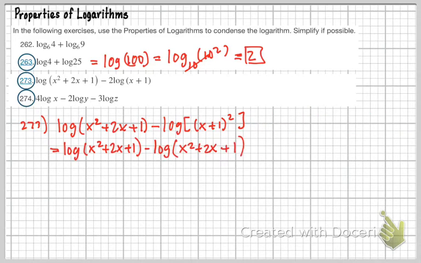And they turn out to be this, so you would think it would be 0. Right? Because I get the same thing minus the same thing. But let's say you didn't catch that. And with the minus of logs, I'm dealing with a quotient rule. So this is really the log of x squared plus 2x plus 1 over x squared plus 2x plus 1.